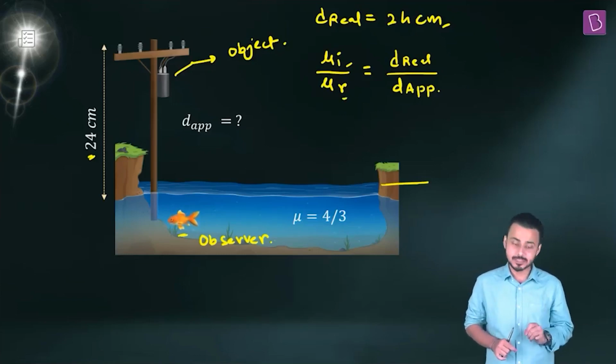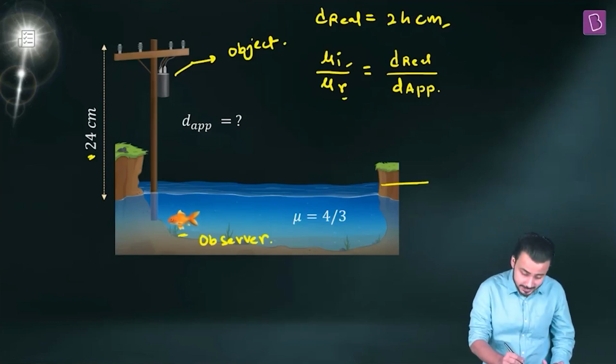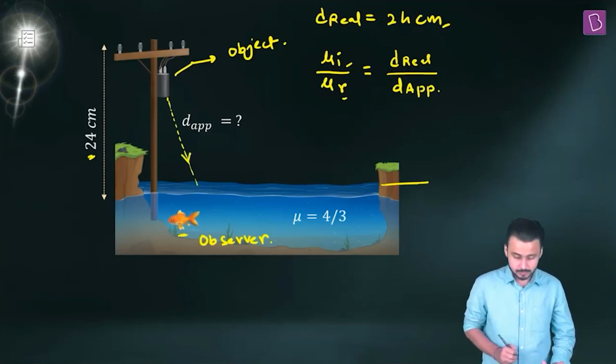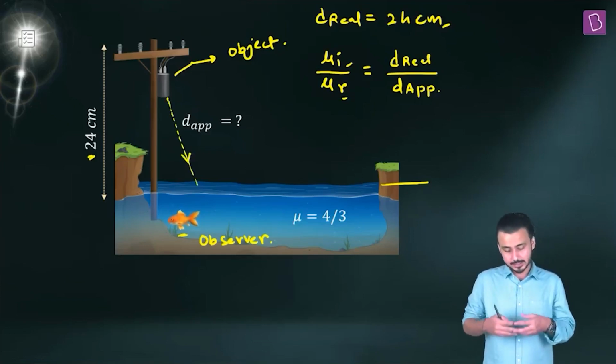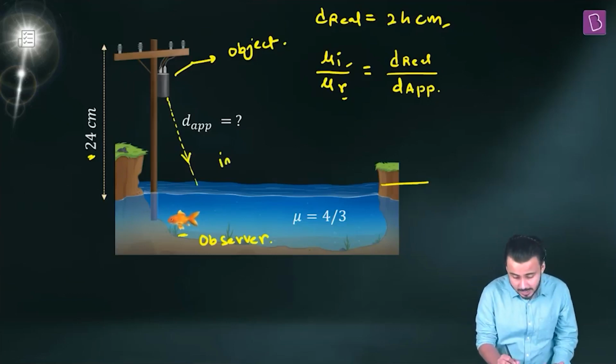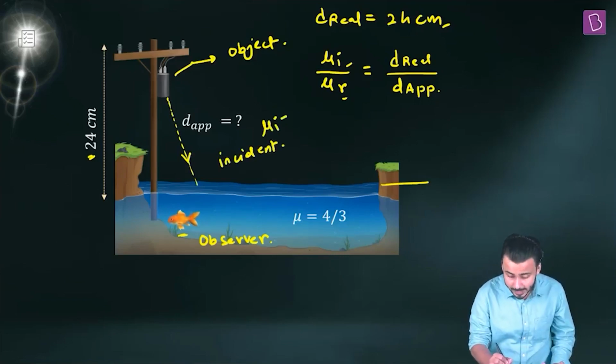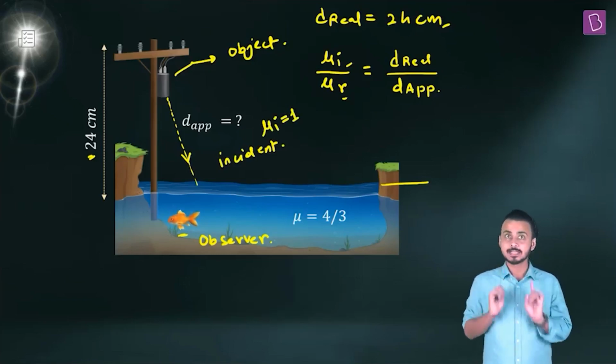In this case, if you see, the object is here in the air, right? So the incident ray will emerge from the object like this. So the incident rays are present in air, correct? So the air will have mu I, which is equal to 1, correct?